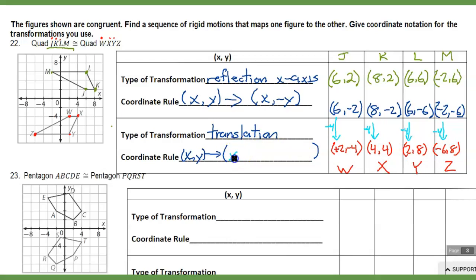So my first translation is x minus 4. Then let's do the same thing for y. I need to do what gets me from -2 to -4 twice, -6 to +8, and -6 to +8. Single rule that works.